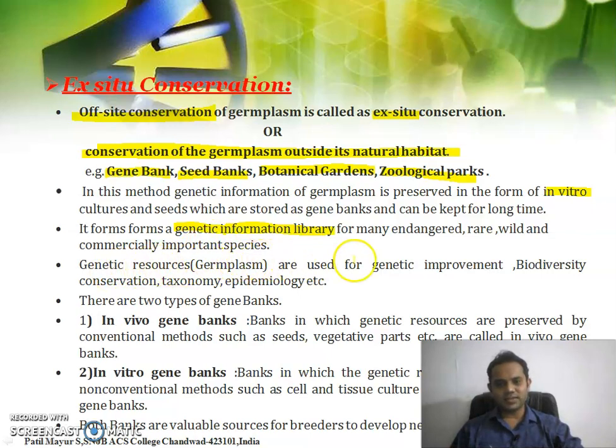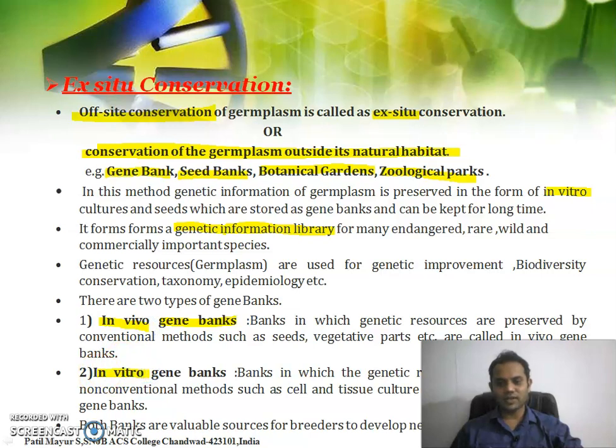Genetic resources are used for genetic improvement, biodiversity conservation, taxonomy, epidemiology. So these are some of the disciplines which use the data of a gene, or use the genes for different aspects. So there are gene banks. If we go into detail regarding gene banks, which are a type of ex situ conservation method, there are two different types of gene banks, in vivo and in vitro.